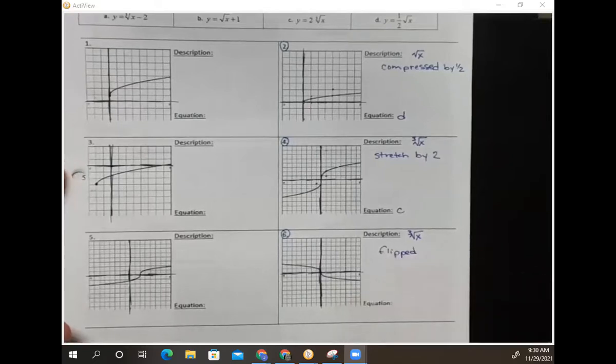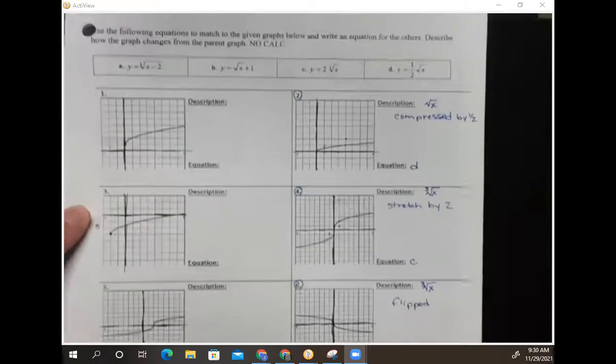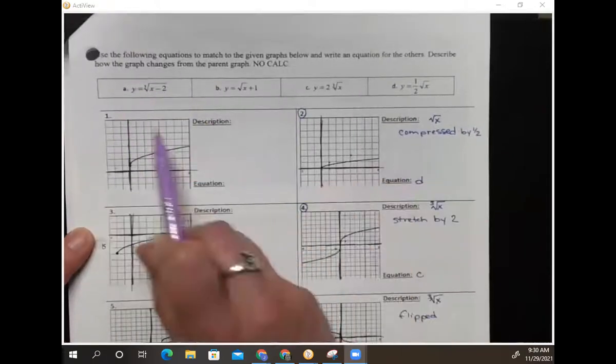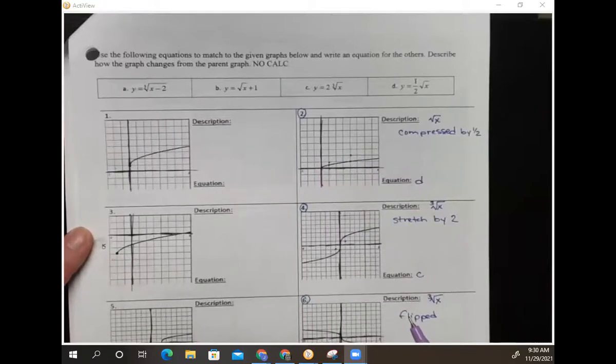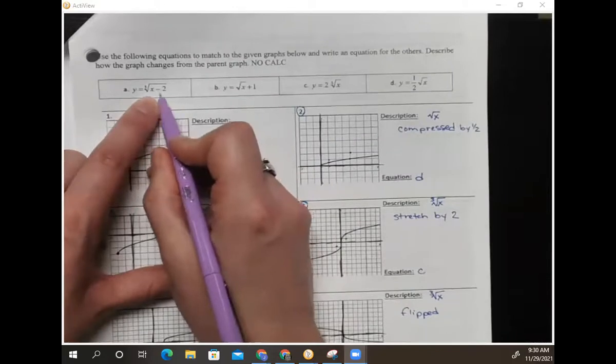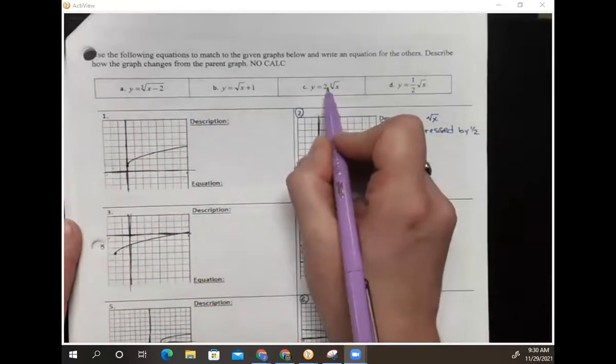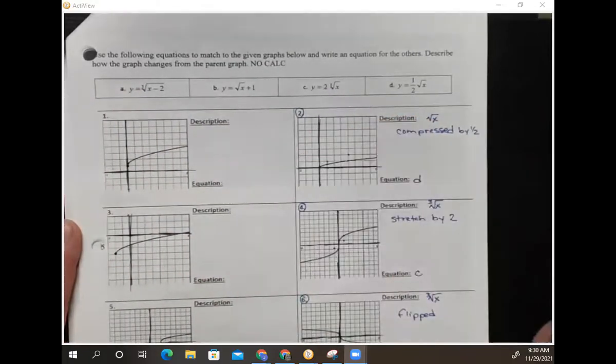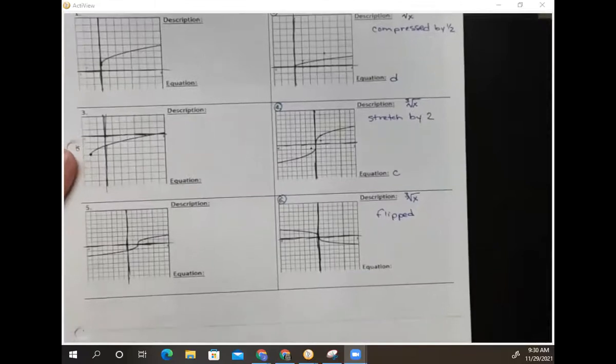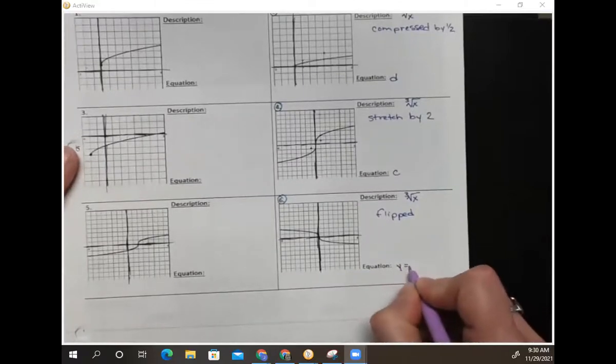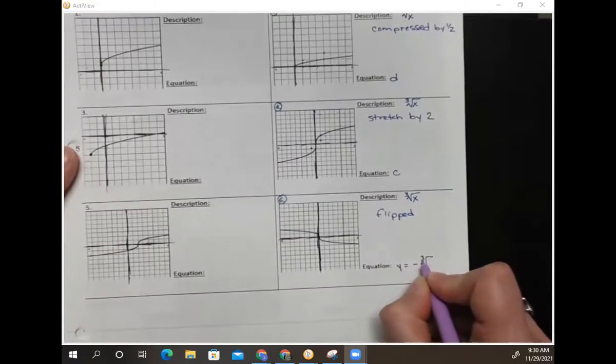What would I see in a function that would tell me this is flipped? A negative in front. Do I have that with any of my remaining functions here? A has a -2, but it's x -2. So we're looking for a negative in front, like how we had the 2 in front here. Doesn't look like I have a function that represents this. So for this one, we'll write it. So y equals negative cube root of x.